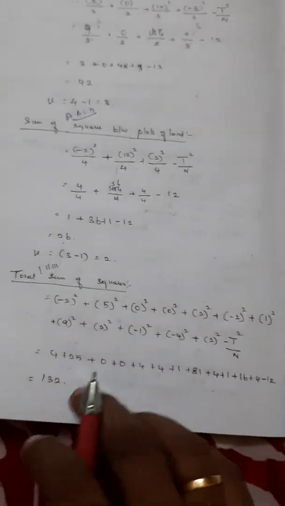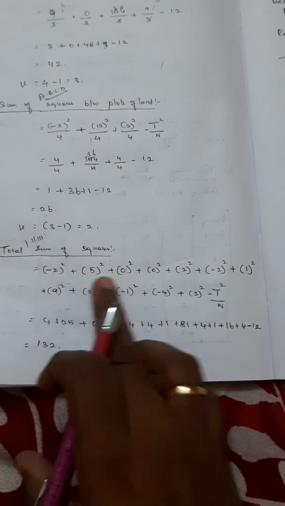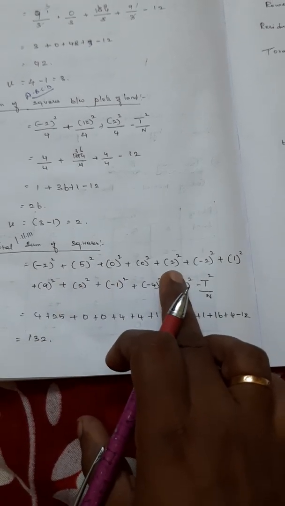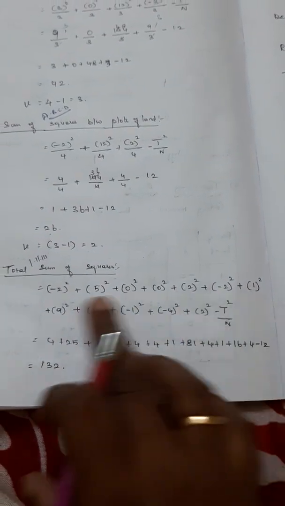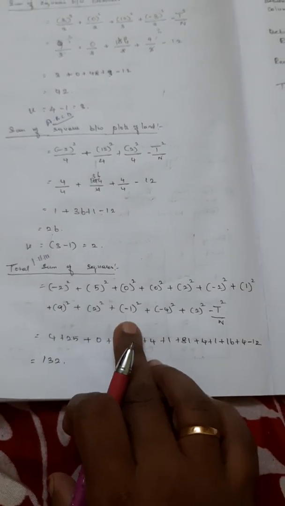Next we come to the total sum of square. Here each and every variable has to be taken: minus 2, 5, 0, 3, 0, 2, minus 2, 1, 9, 2, minus 1, minus 4, 2.